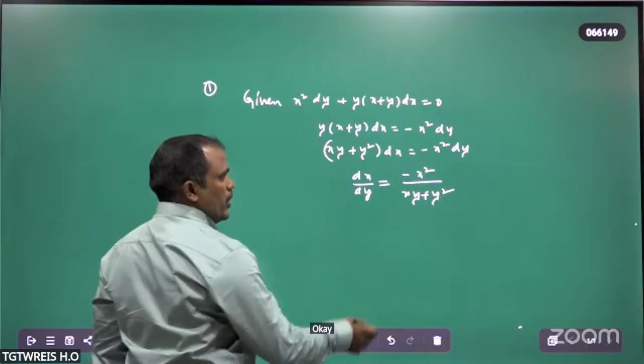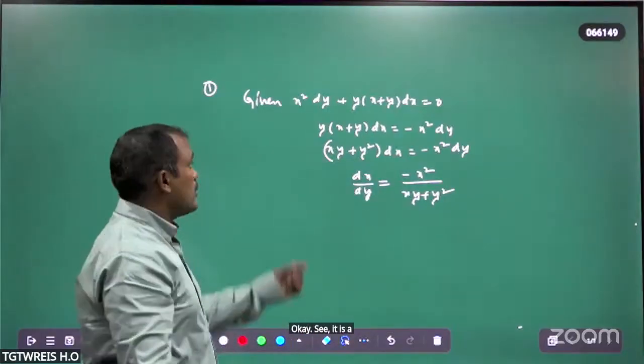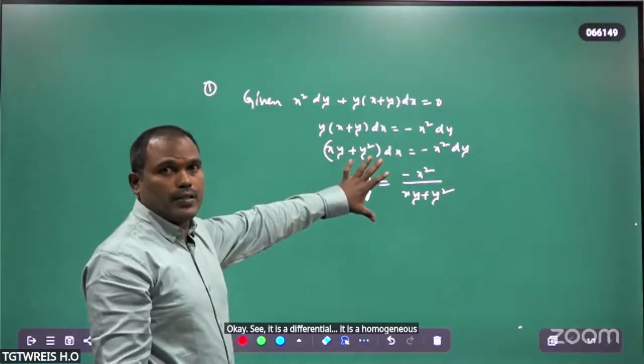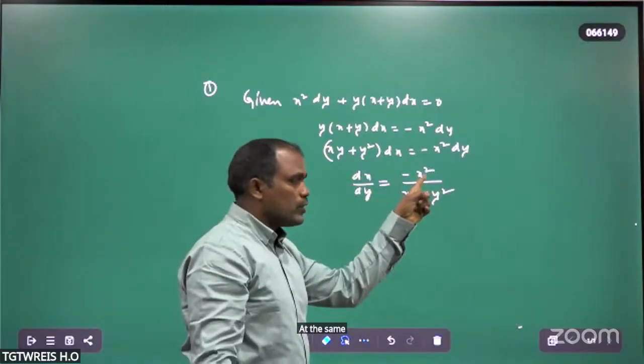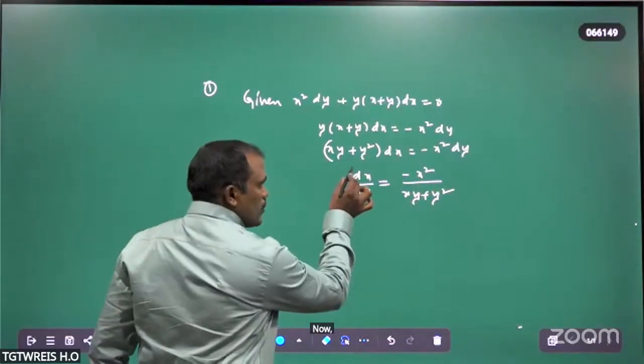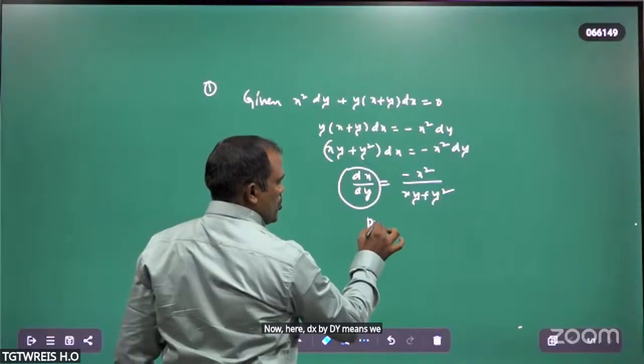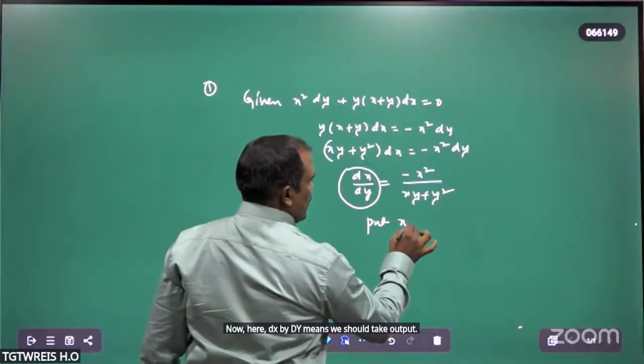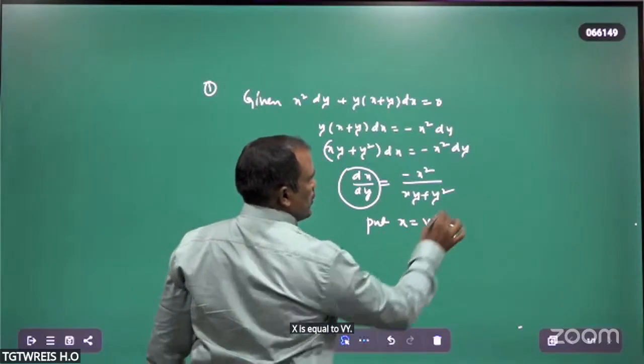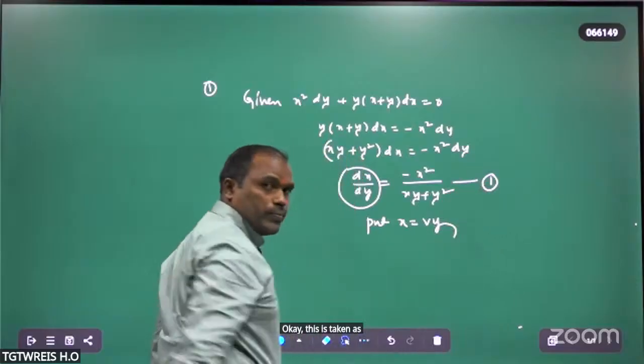See, it is a homogeneous differential equation. At the same time, the degree is also the same. Now here for dx by dy, we should put x equal to vy. This is taken as equation 1.